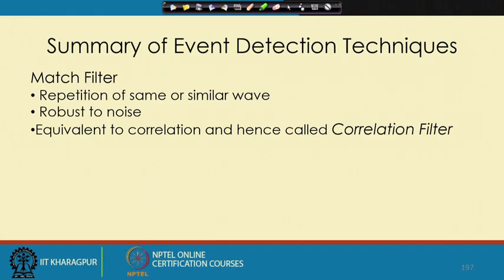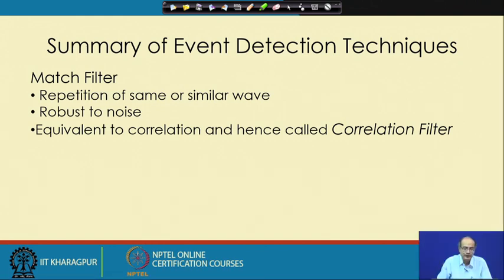All the other techniques, that is autocorrelation or cross correlation coefficient, cross spectral density and match filter, are robust to the noise. And one more thing, match filter is a different way of performing the same thing, it is equivalent to the correlation, and hence it is also called a correlation filter.